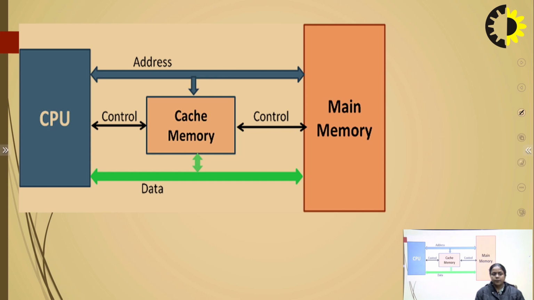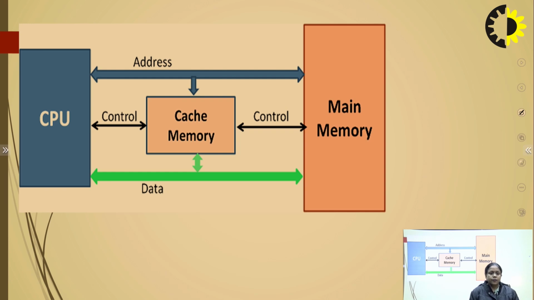What happens when the CPU is executing a particular program is that we have a very slow main memory. That's why there is a delay in the execution of a program. Because the speed of the CPU is very high and the speed of the main memory is very low, we have a small size memory known as cache memory, where we put all the data which is most recently accessed.